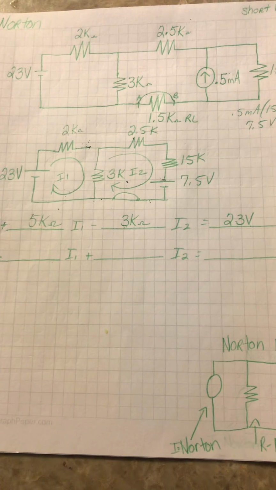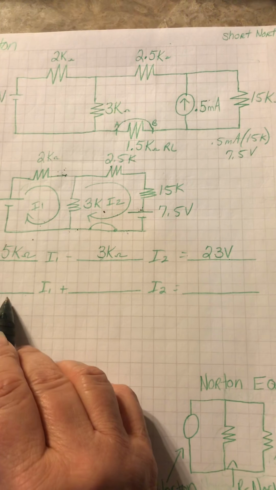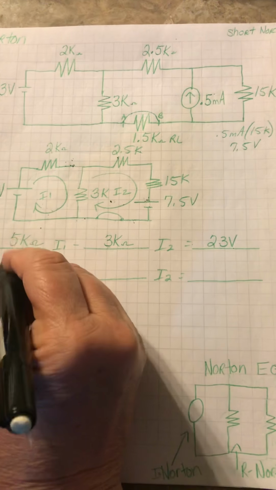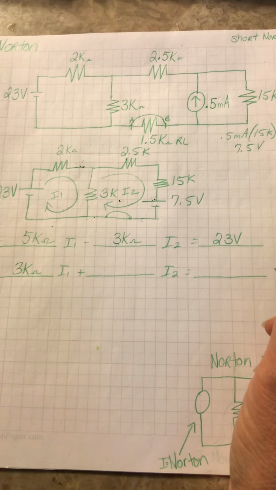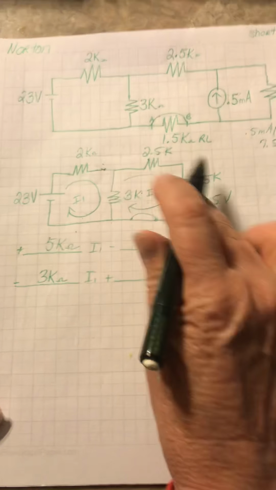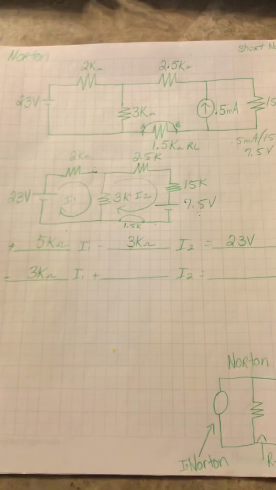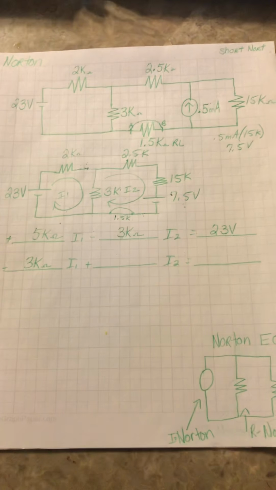Okay? Then we work on the I2 equation. What is the component between I1 and I2? That would be the 3K. What are all the resistors touching I2? Now, even if you put this 1.5K ohm here for your Norton equivalent, you do not count it because it's shorted.